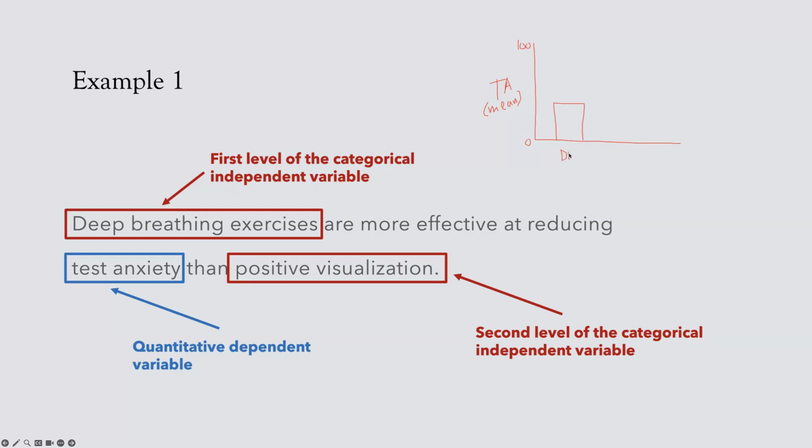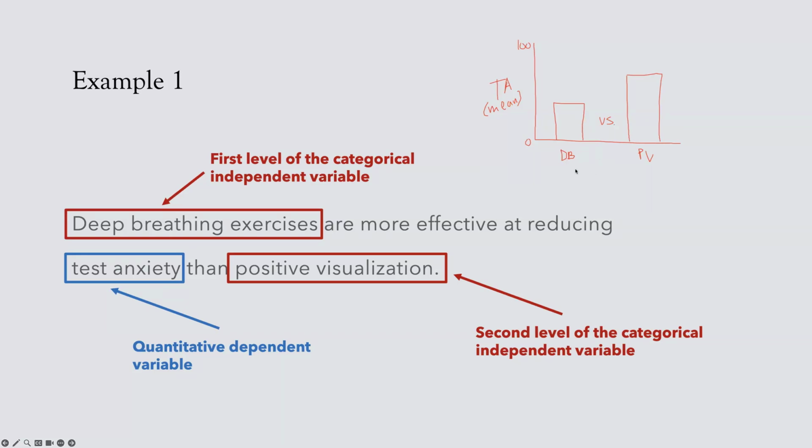This is our deep breathing group versus our positive visualization group, which I'm going to call PV. And so this would reflect what we're expecting based on the statement, that people who did deep breathing exercises have a lower test anxiety mean than people who use positive visualization.